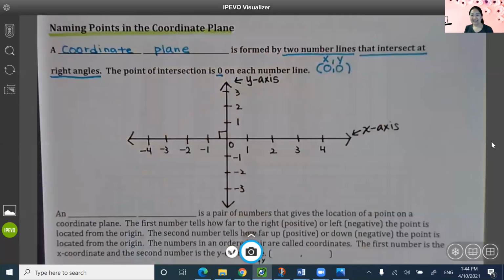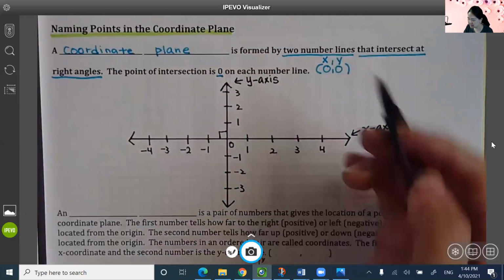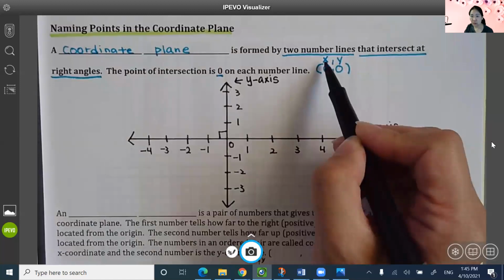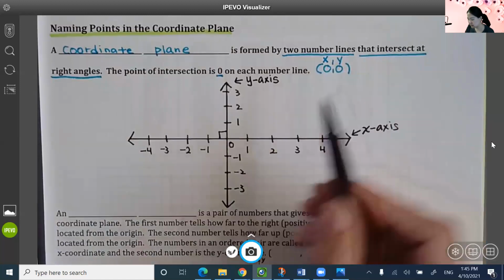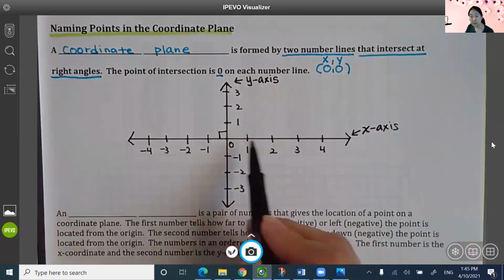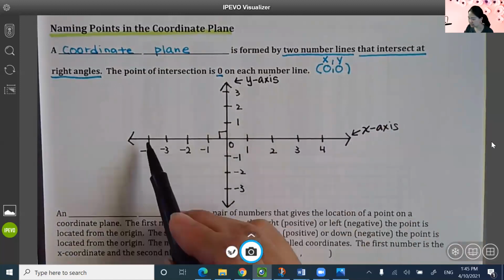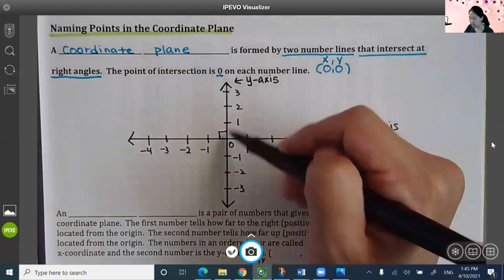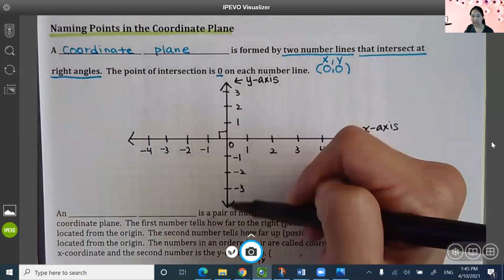Okay, so what that means is this first number, remember I said this number is the x coordinate. That means it's talking about one of these numbers here, going horizontally left to right. Your second number, the y coordinate, talks about one of the numbers that goes up or down. Okay.